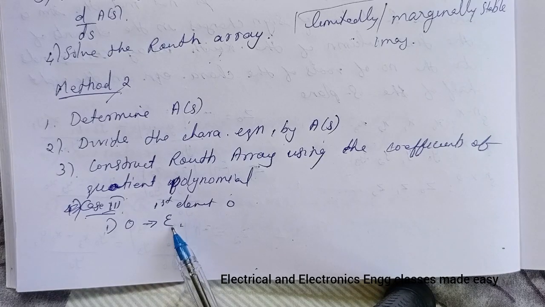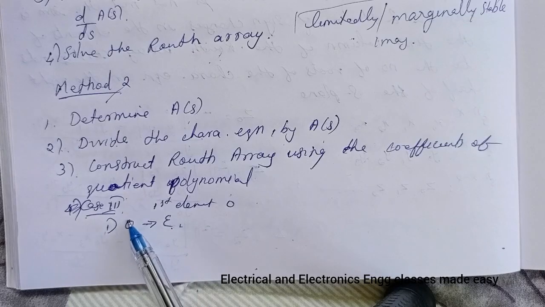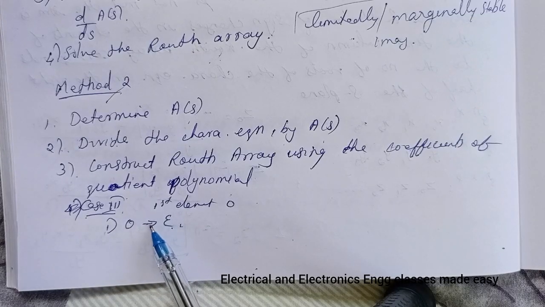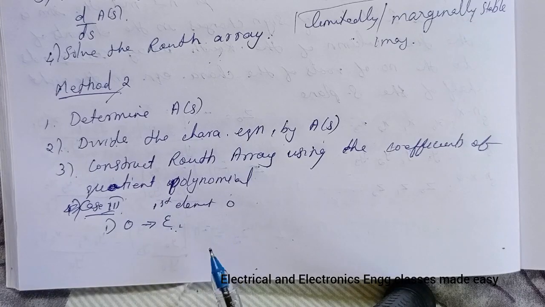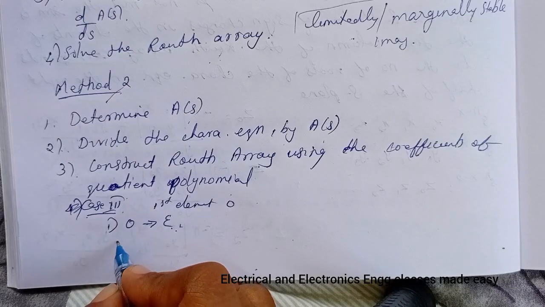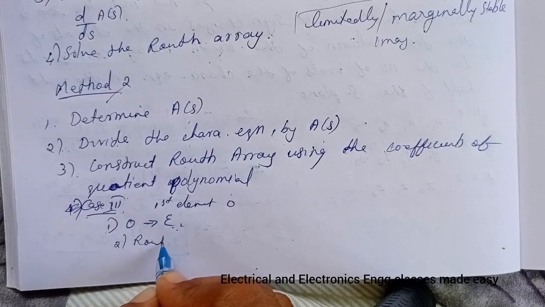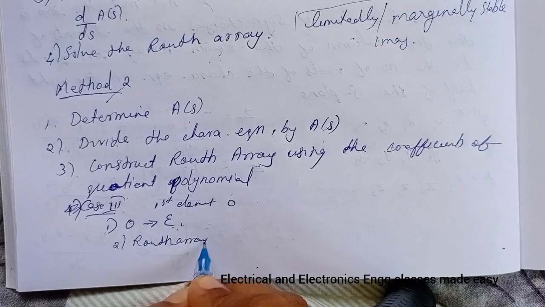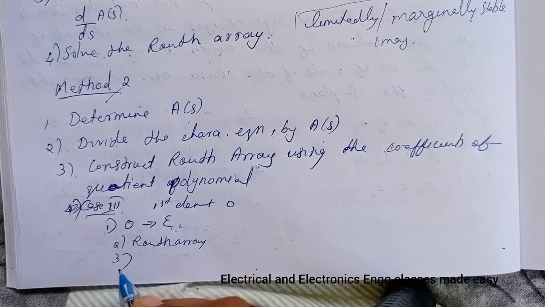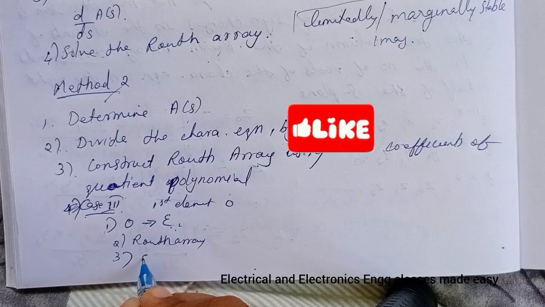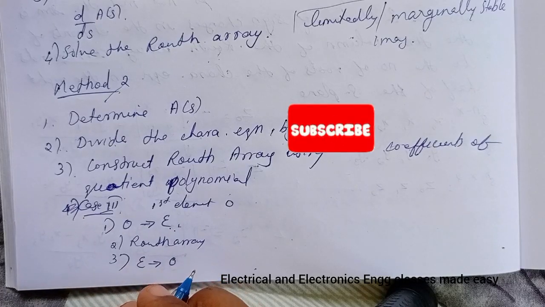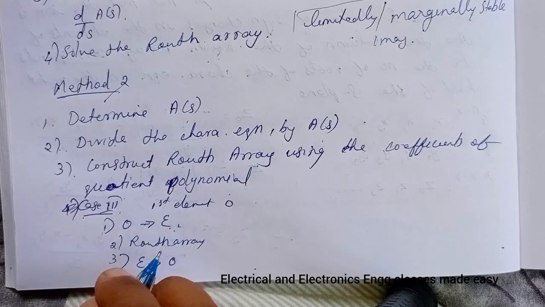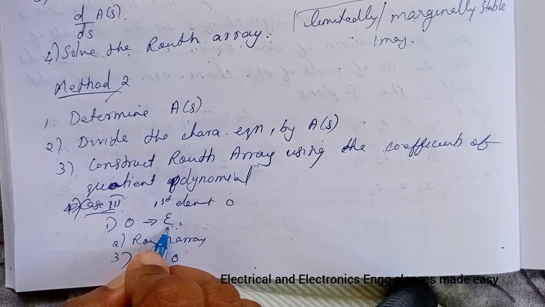To overcome this problem, let 0 be equal to epsilon, and complete the construction of the array in the usual way. That is, construct the Routh array with this epsilon, then finally change this epsilon to 0 and determine the values of the elements of the Routh array which are functions of epsilon.